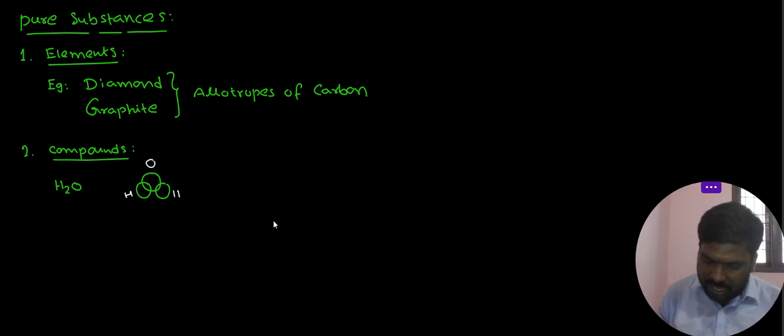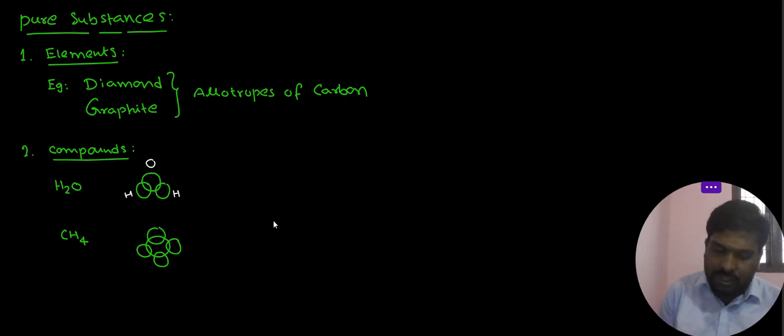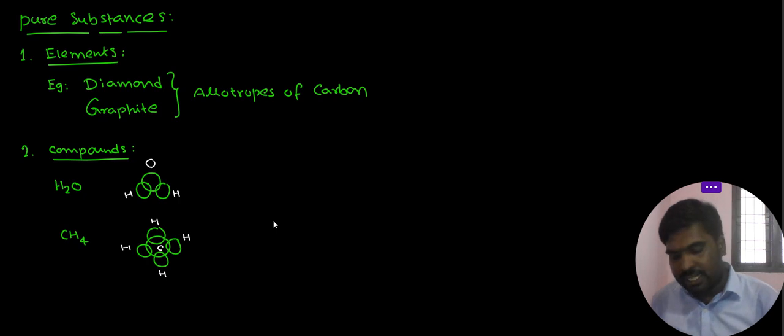Another example is methane, with carbon and hydrogens. So elements and compounds are both in a pure state.